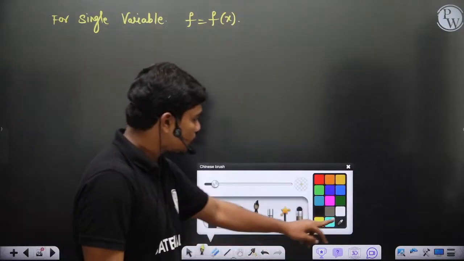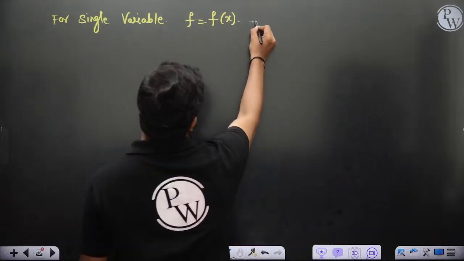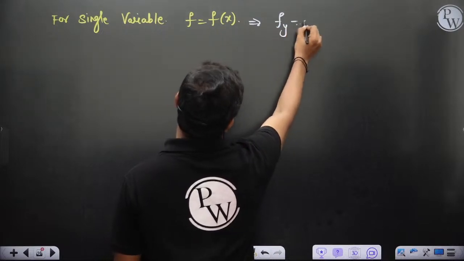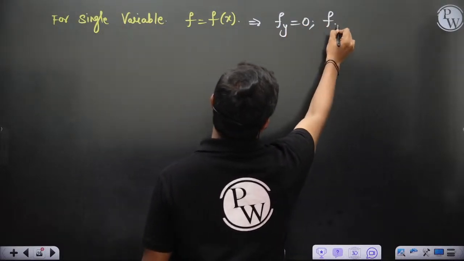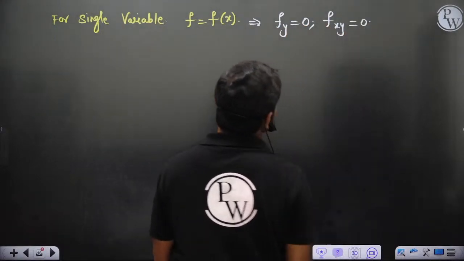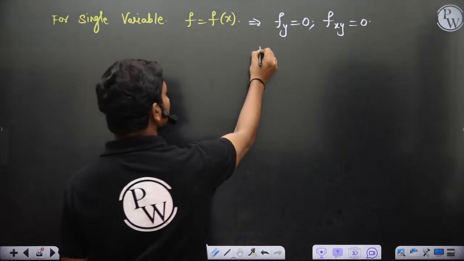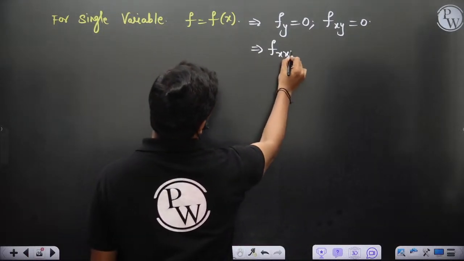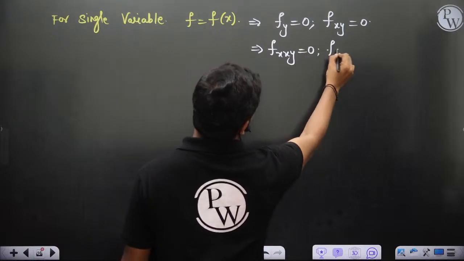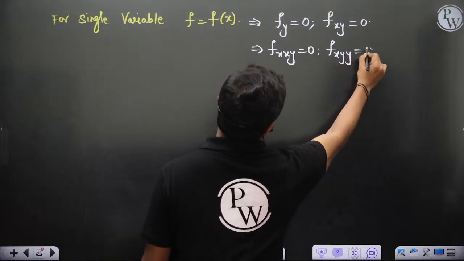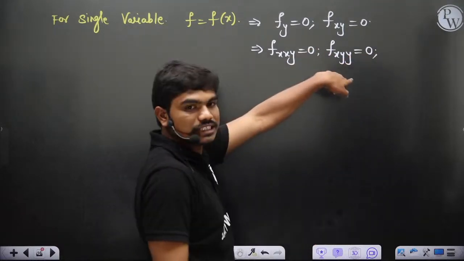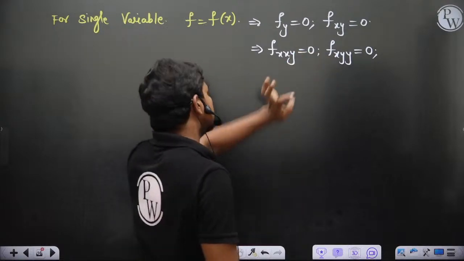So if the function is only in terms of x, this implies fy is equal to 0, fxy is equal to 0, because once you start differentiating partially with respect to y, it becomes 0. Any involvement, fxxy is 0, fxyy, all these are zeros. Wherever there is partial differentiation with respect to y, it becomes 0.